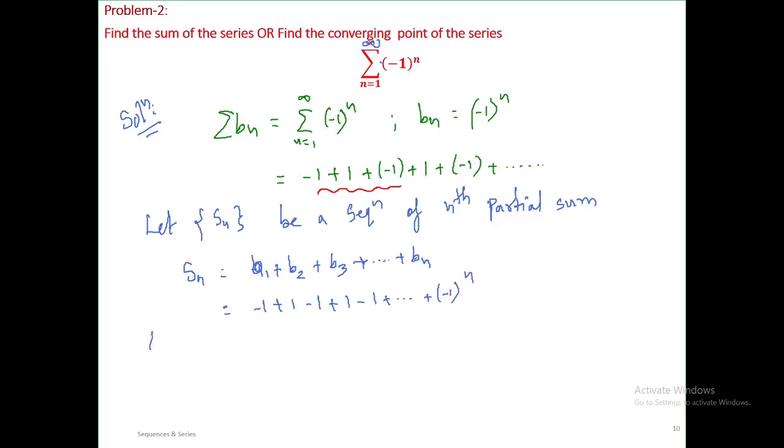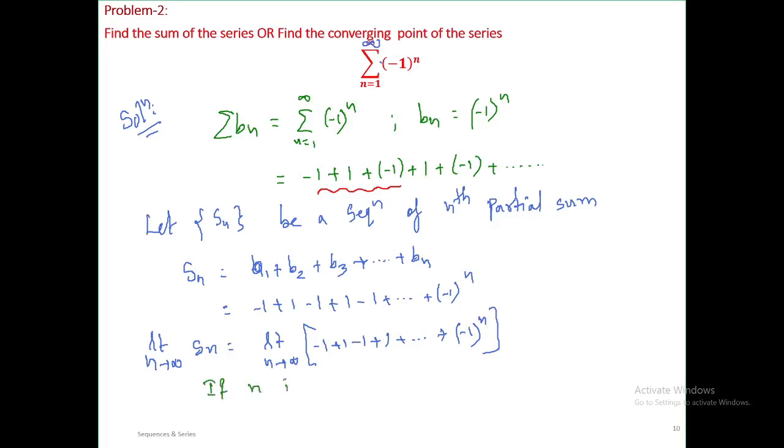Now let us find the limit as n tends to infinity of Sn. The nth term is minus 1 to the power of n. Let me write clearly.